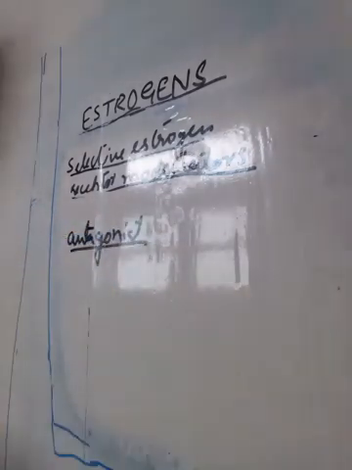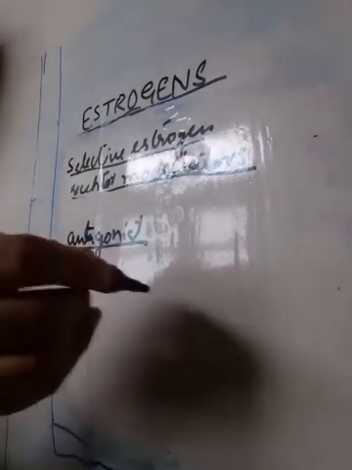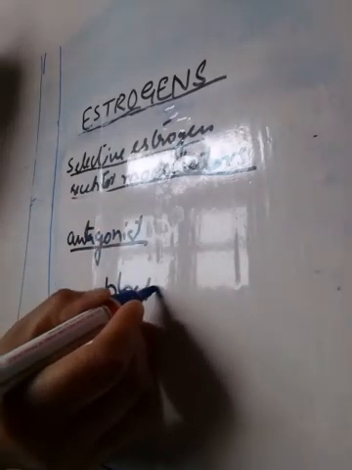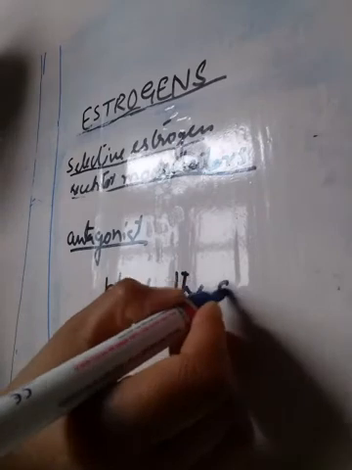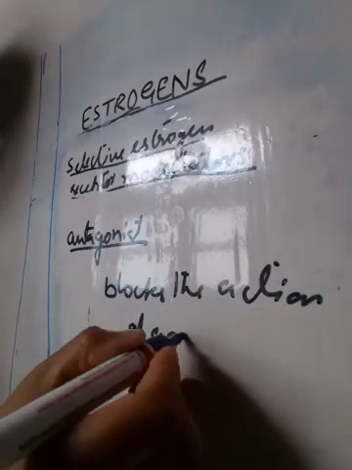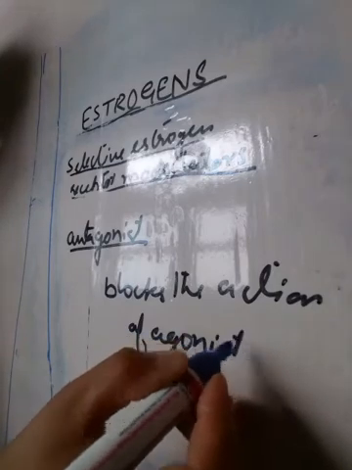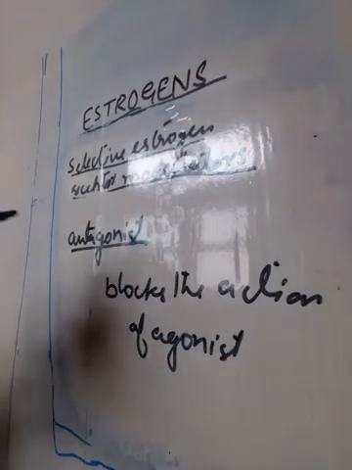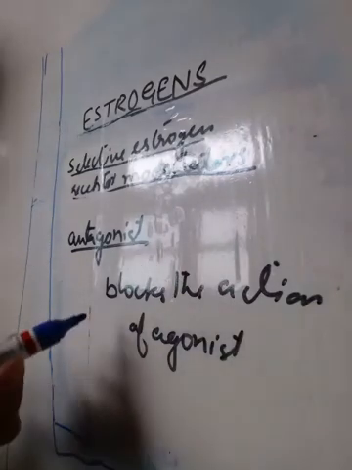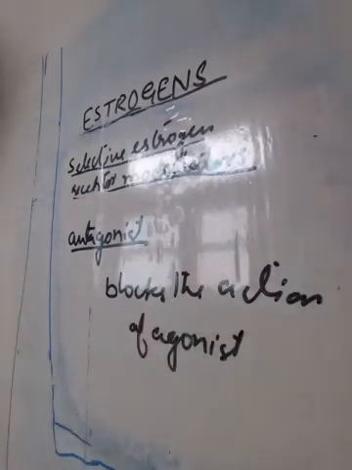Antagonist is that chemical substance which when binds to the receptor blocks the action of agonist. An agonist causes action while an antagonist blocks the action. This was agonist and antagonist.